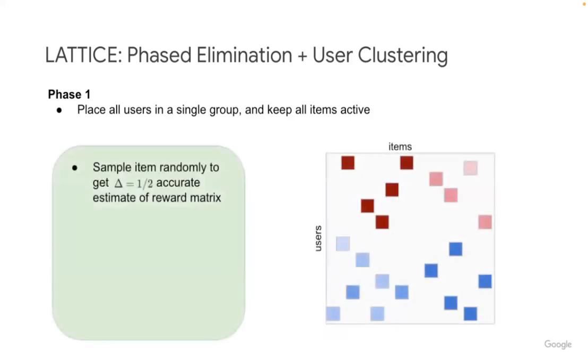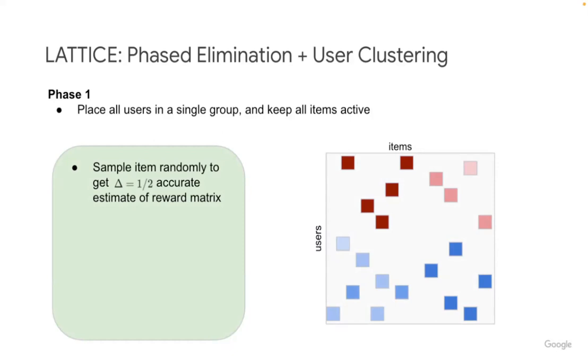In phase one, we do something very similar to the exploration component of the greedy algorithm. For each user at each round, we randomly sample an item, recommend it to the user, and get their feedback. But the main difference with the greedy algorithm is that in the greedy algorithm, we did random recommendations for a prolonged period throughout the entire exploration component.